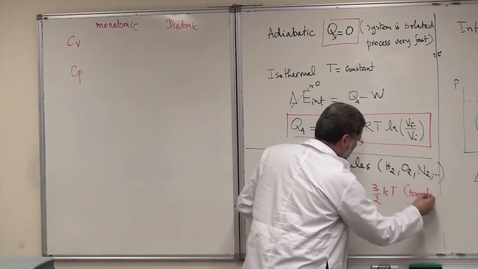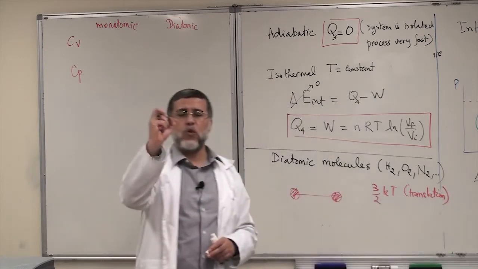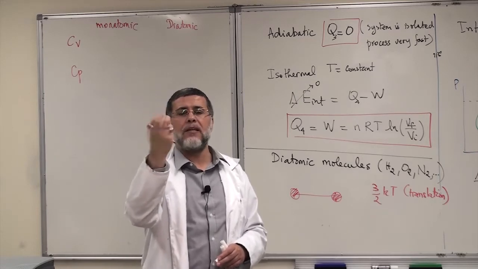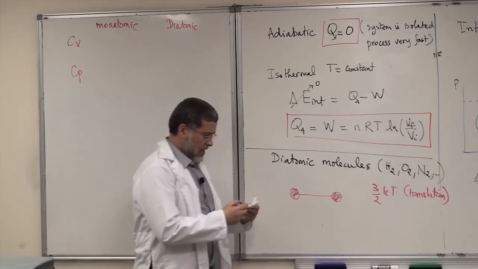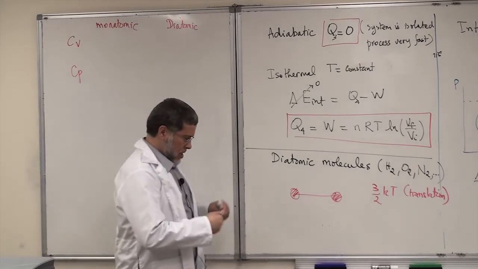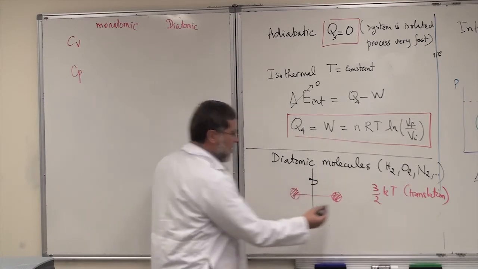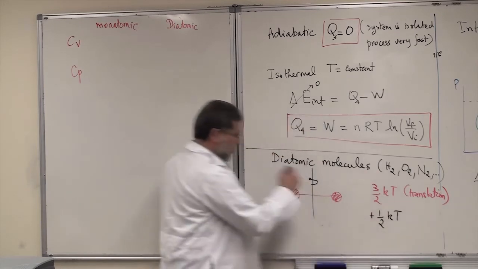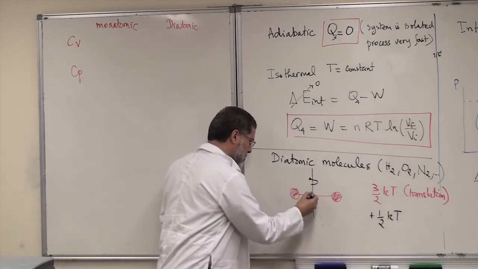But also, this molecule can rotate. Because when you have one atom, the rotation doesn't introduce any energy, because it's only one atom. But now, you can have two rotations. You can rotate about this axis, so you have to add half kT for this rotation, and it can rotate about an axis which is perpendicular.